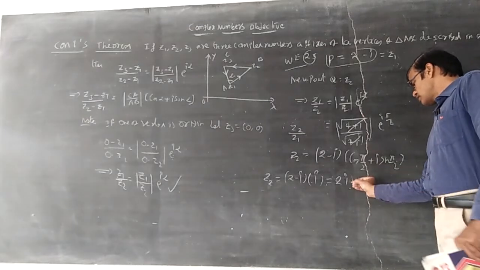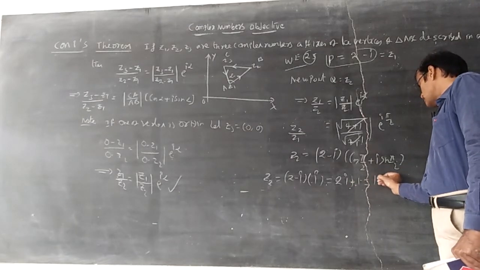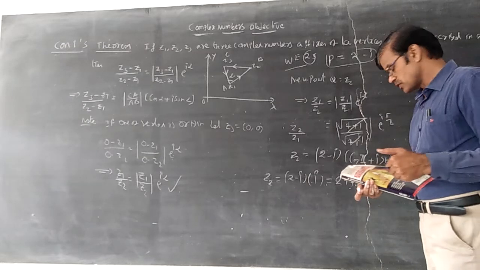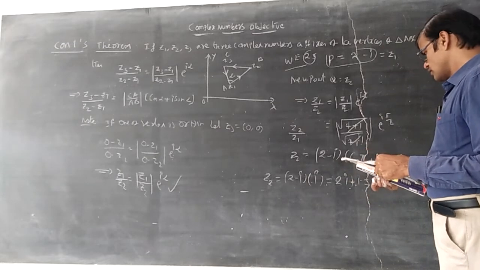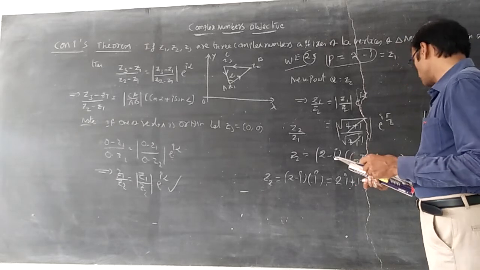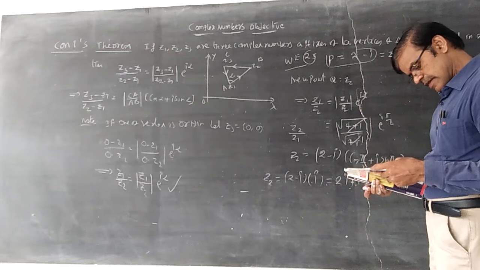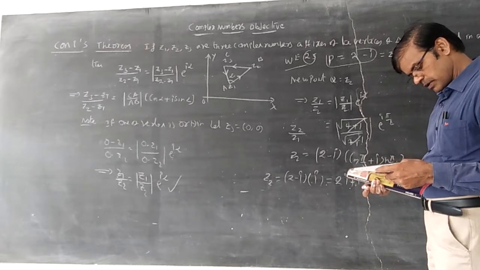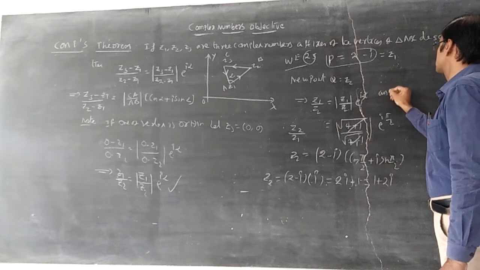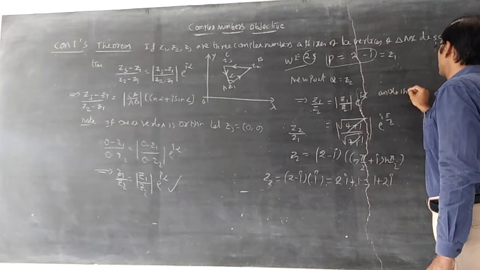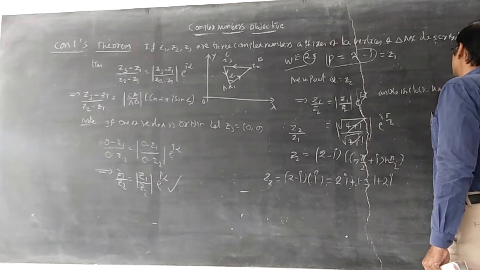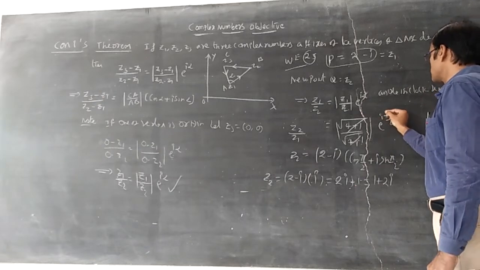So the new complex number after rotation is 2 minus I into e power of the angle. When rotated clockwise, we should consider the angle as negative.